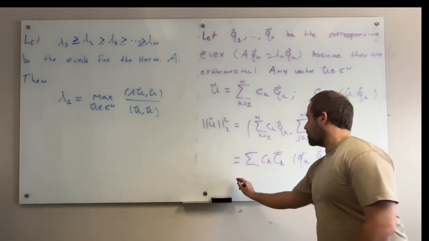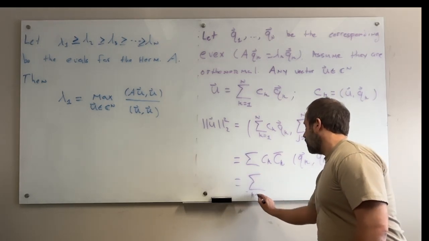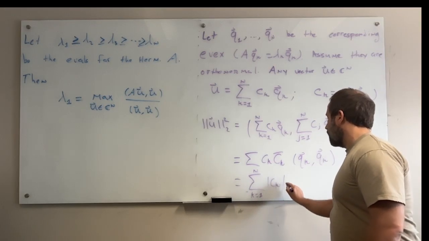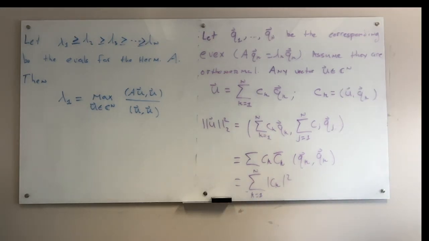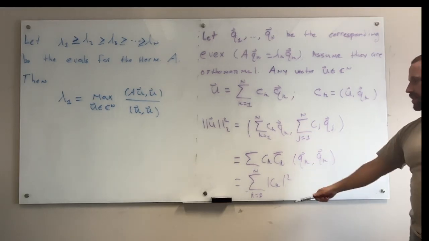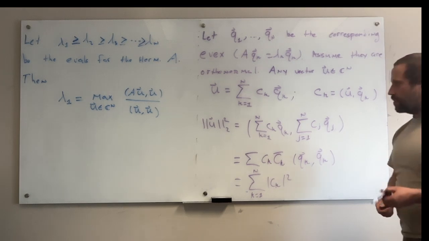And so this is equal to the sum k equals 1 to n of the modulus of ck squared. Okay, so keep that in mind. If u is written in this way, then we know that the magnitude squared of u is given by this formula here. This is going to be very important.